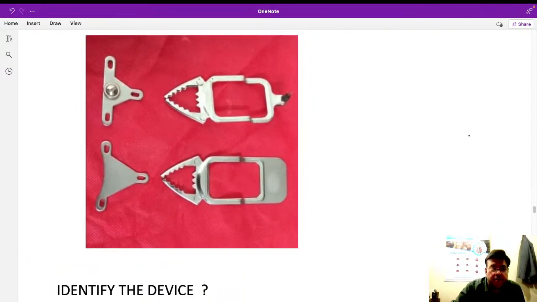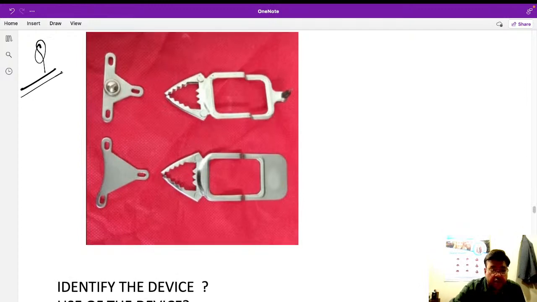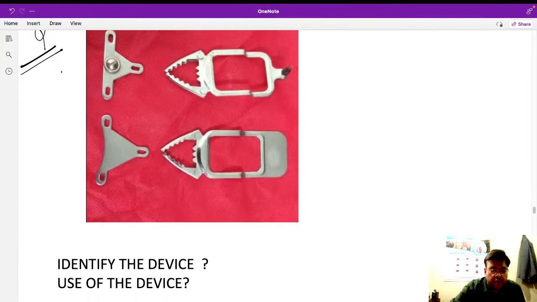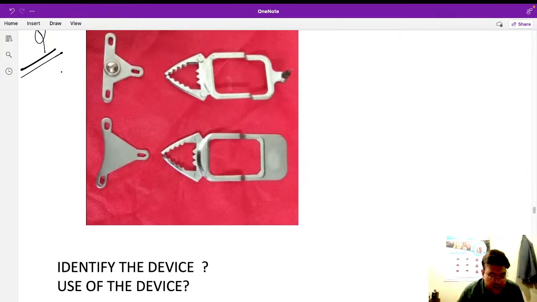Now this question: what is the device which you see in this image? Ishafjot, I told you it is in the lateral movement of the condyle where this angle can be seen, right?